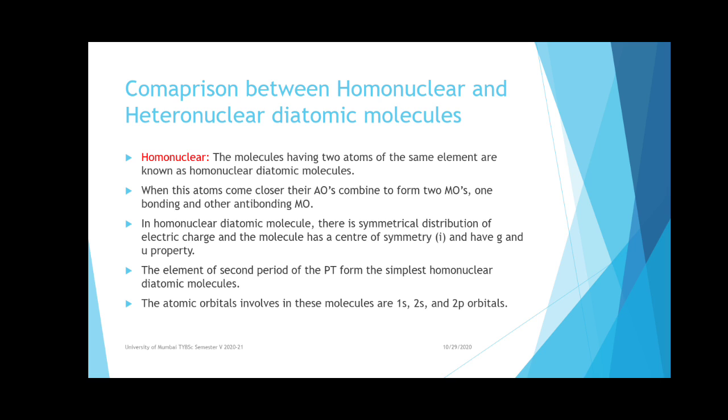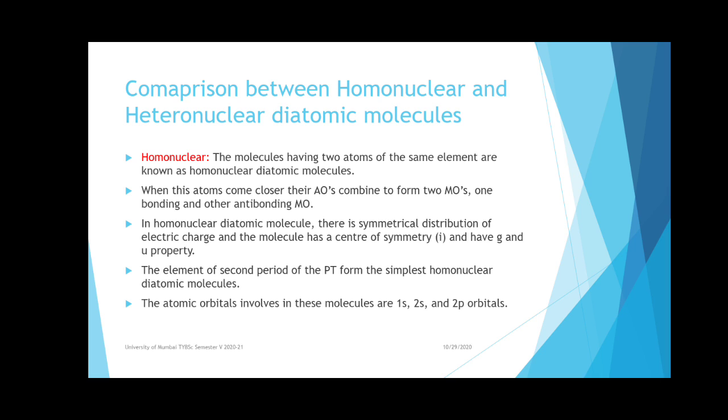Okay. So we will see first the homonuclear diatomic molecule. What do you mean by homo? Tell me. Homo means same. The molecules having 2 atoms of the same element are called homonuclear diatomic molecules.